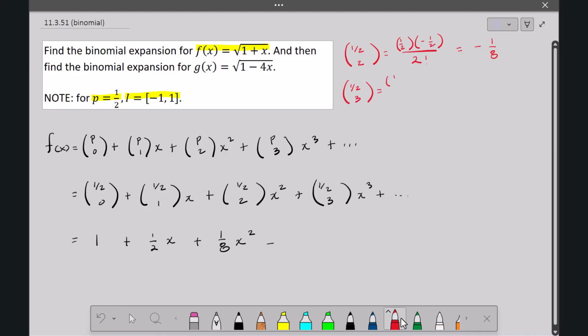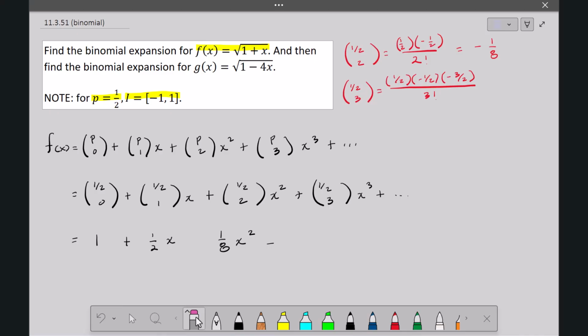1/2 choose 3. Same start, we do 1/2 multiplied by negative 1/2. We do repeated subtraction of 1 until we get 3 factors. Divide by 3 factorial. That's negative and that's positive. So that will give us, in the numerator, a positive 3 divided by 8.